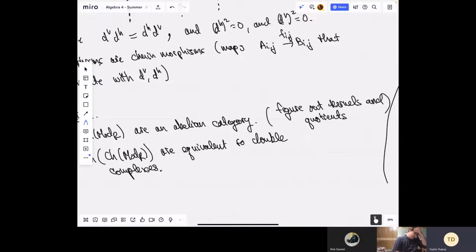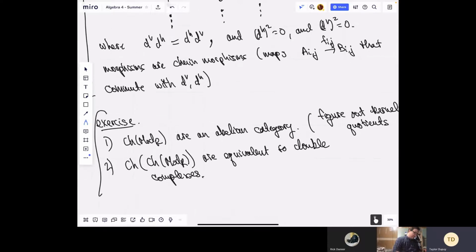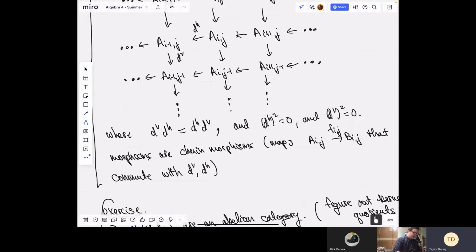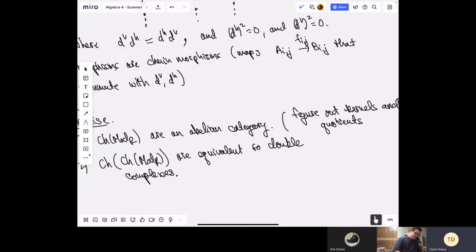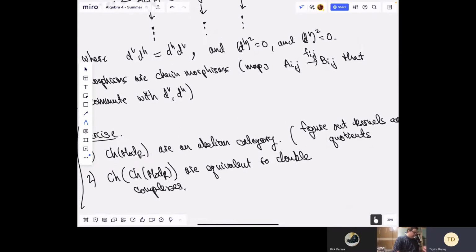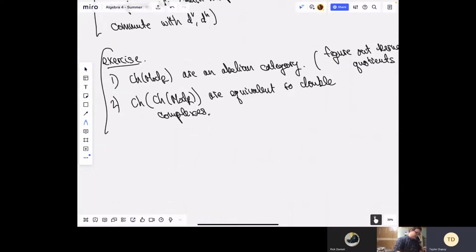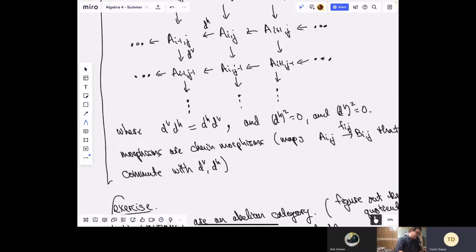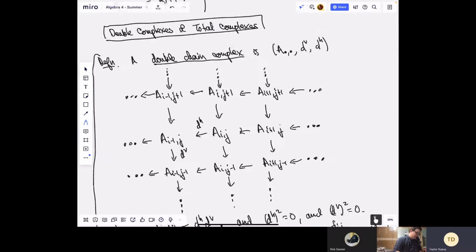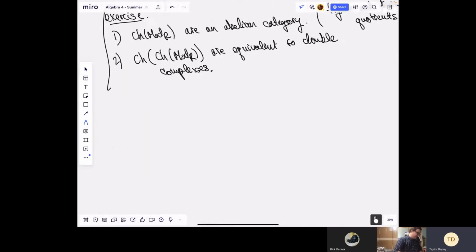So another way to think about double complexes is as chain complexes of chain complexes. Okay, so there's a functor that I want to talk about. This is what a double complex is, and so there's a functor.